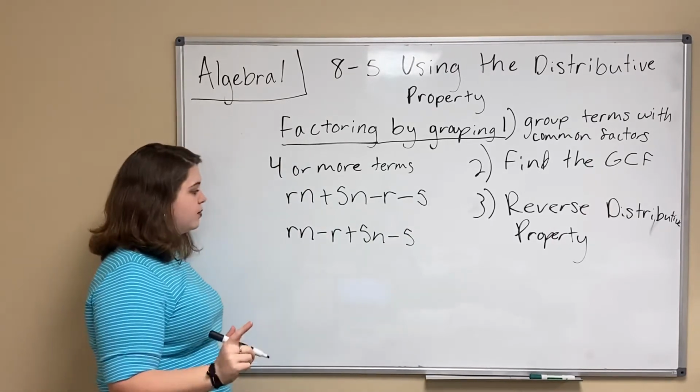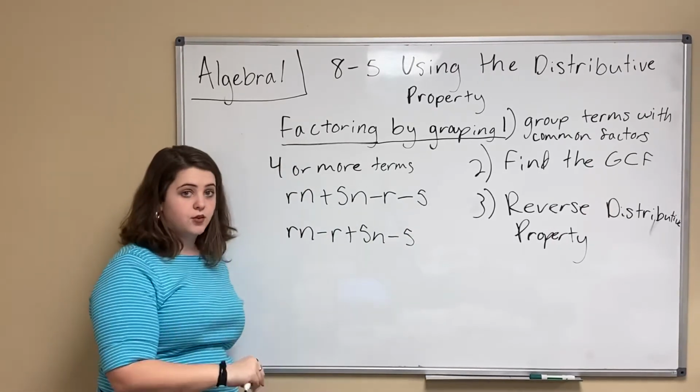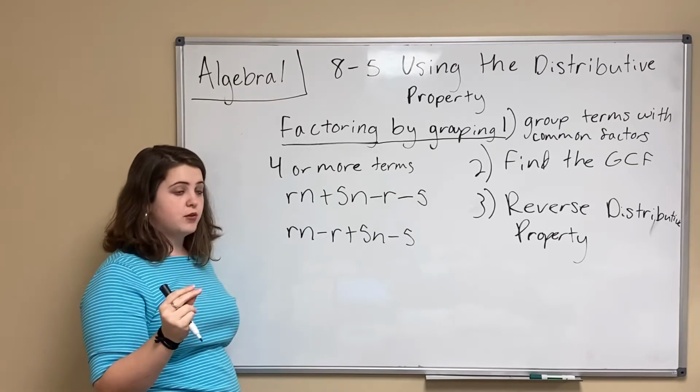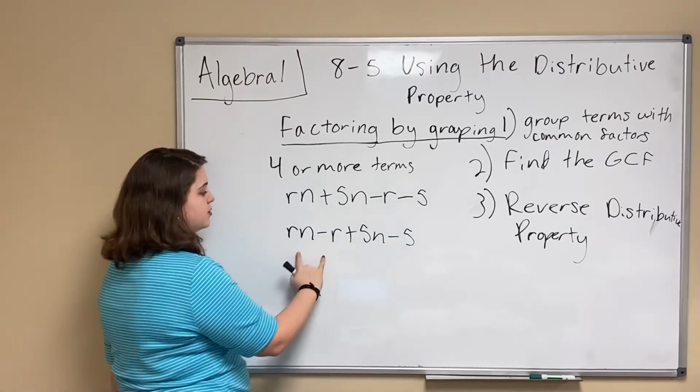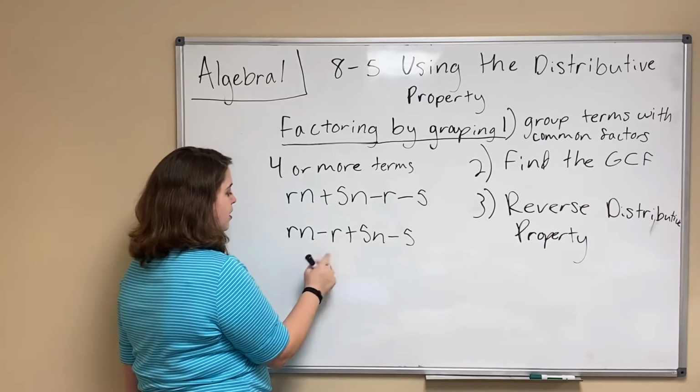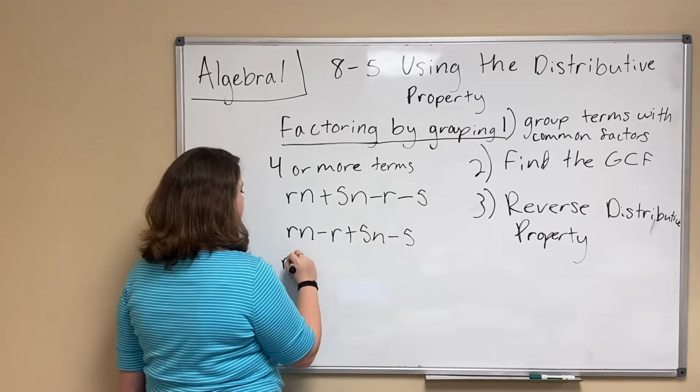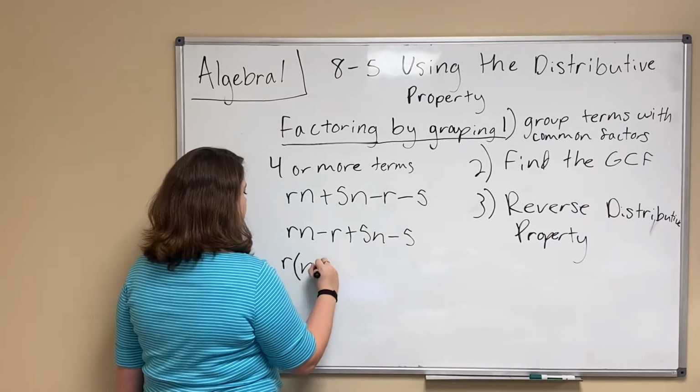Okay, so now what I'm going to do is what I did with the binomial from before, except I'm going to do it in parts. I'm going to go rn minus r, I can take r out of and get n minus 1.